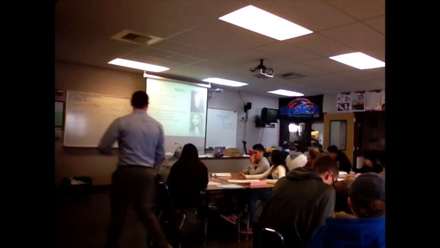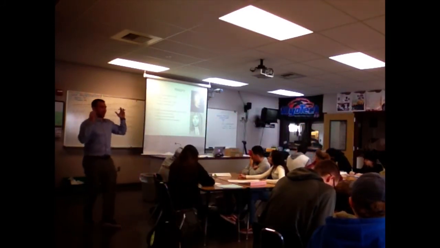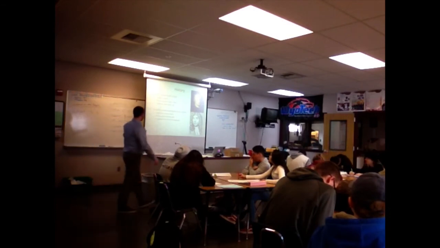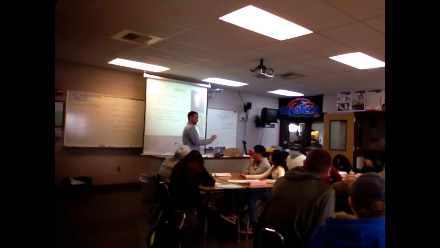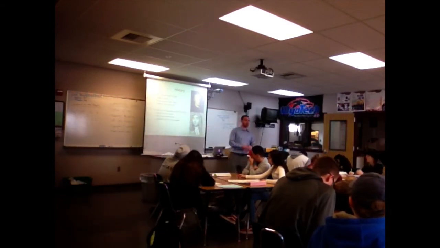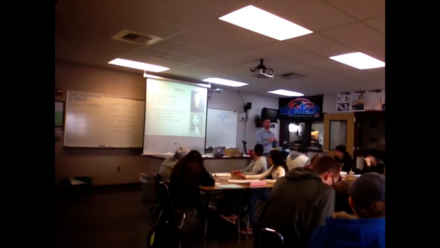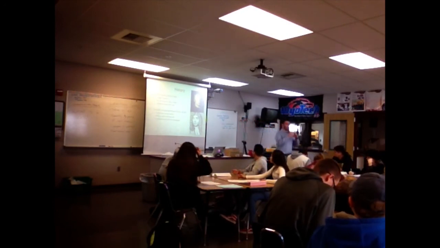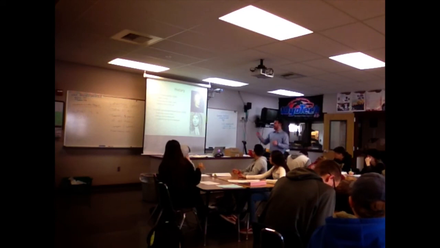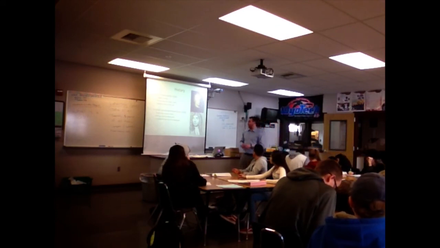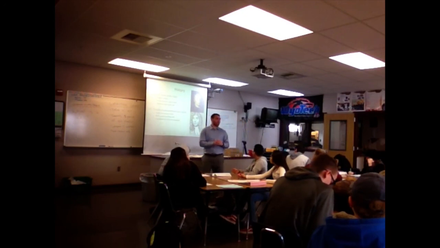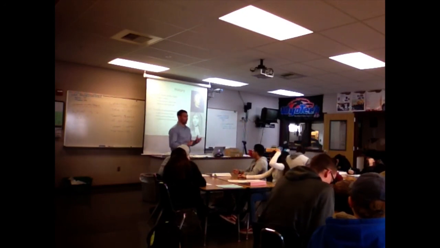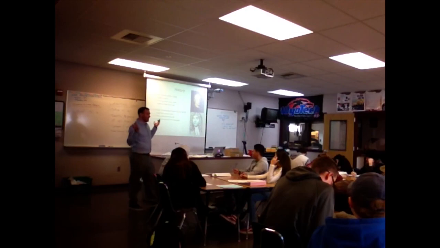So Hooke thinks he just made the biggest discovery in the world. He put a slice of cork under a microscope, noticed what you guys noticed on that first slide, all the boxes. So he's actually the one who coined the term cells, because he thought the little boxes looked like monks' rooms, which I guess are called cells.